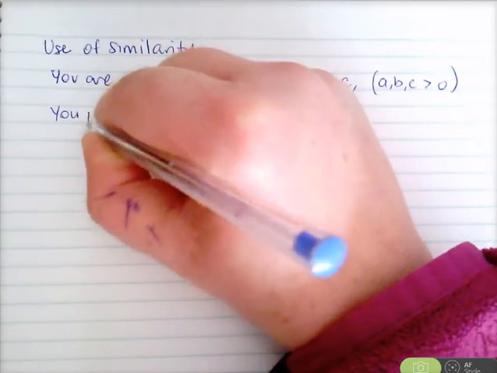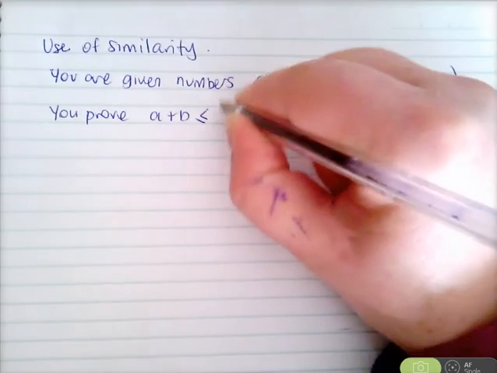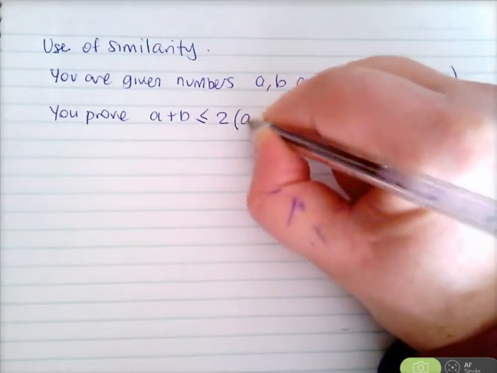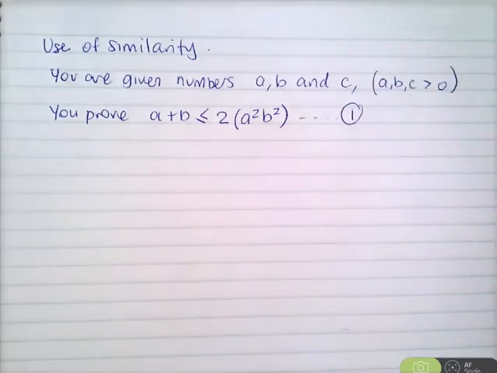Let's say you have proven that a plus b is less than or equal to 2a squared b squared. So let's say you have proven that.